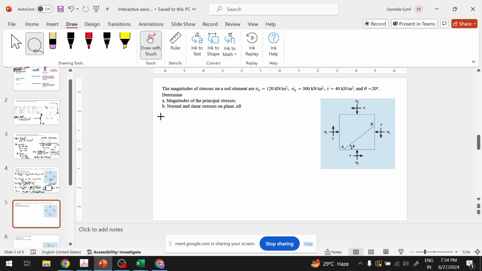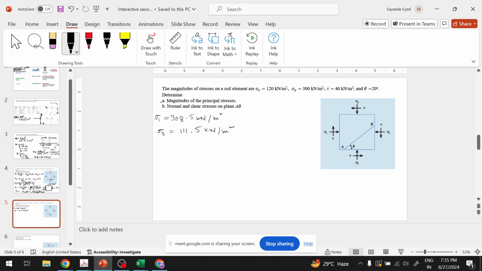So the sigma 1 will come out to be 308.5 kilonewton per meter square, and sigma 3 will come out to be 111.5 kilonewton per meter square.